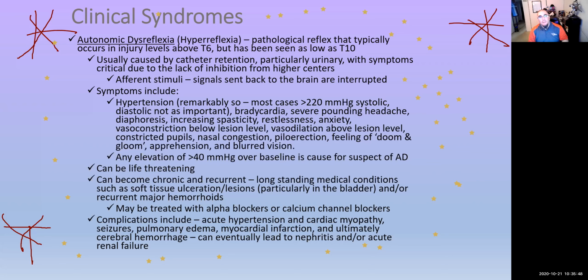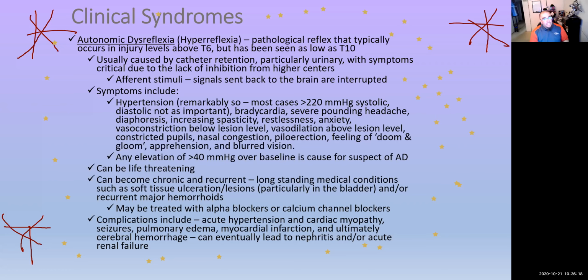This is autonomic dysreflexia, also known as hyperreflexia. This is a pathological reflex that occurs in injury levels above T6, but can also be seen as low as T10. Now, I want to warn you, this is not 100% exclusive to spinal cord injury patients.